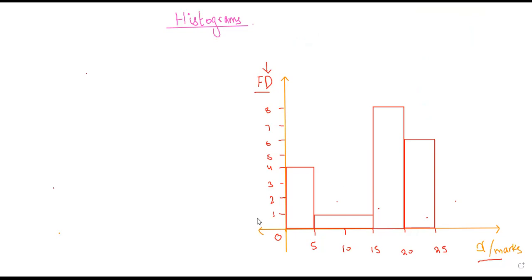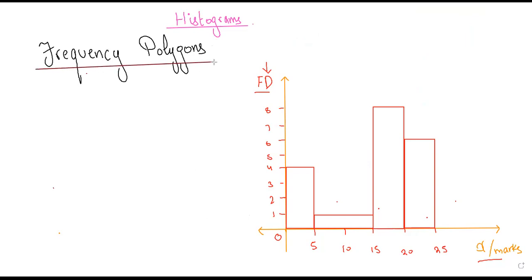Okay. Now we are talking about frequency polygons. Make a histogram and join the midpoints of the tops. Okay, now this is a histogram.